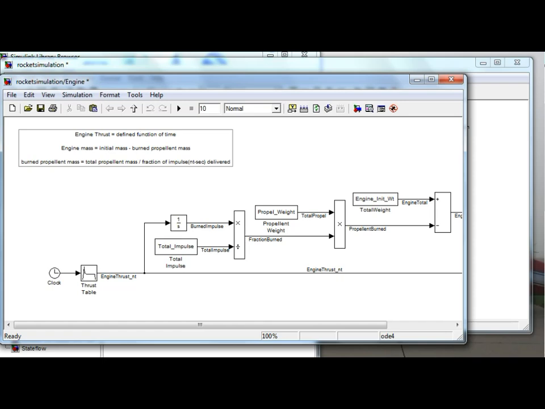Engine mass is the initial mass minus burned propellant. Burned propellant is total propellant mass multiplied by the fraction of impulse delivered. When I'm building this model, that leads me down the path of the things I need to do. And when I come along later trying to understand what this model is doing, I can look at the text, look at the blocks, and correlate the two. Here we've already got the blocks done, so let's just explore.